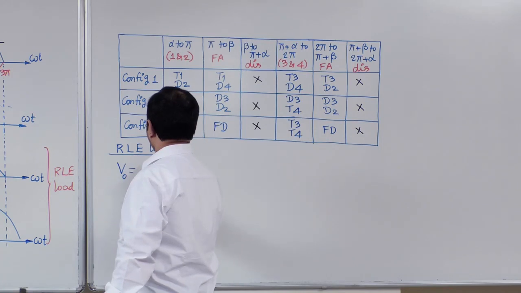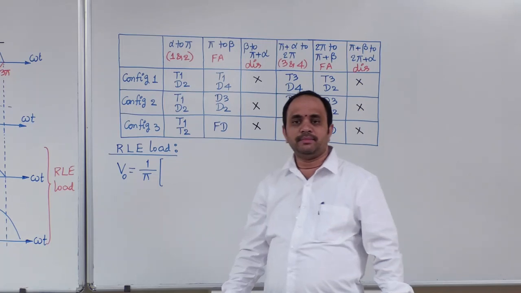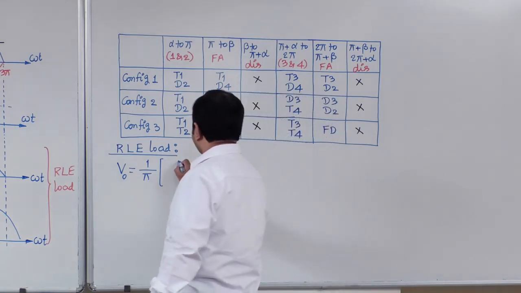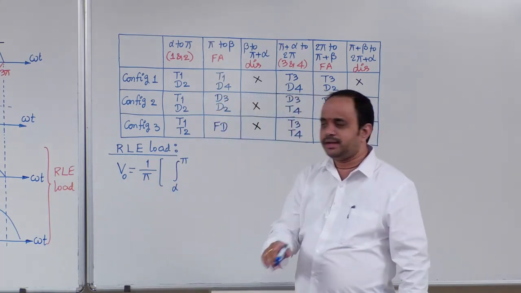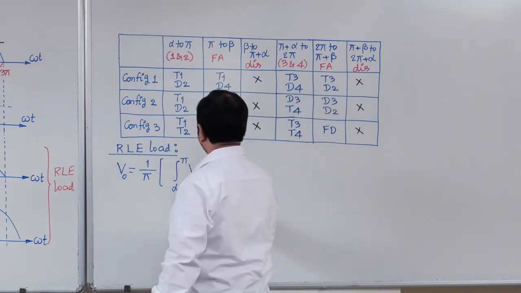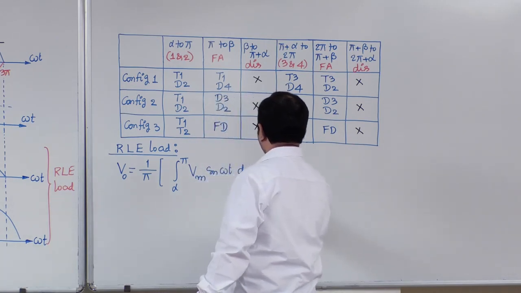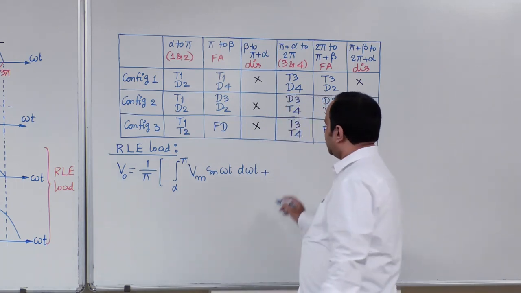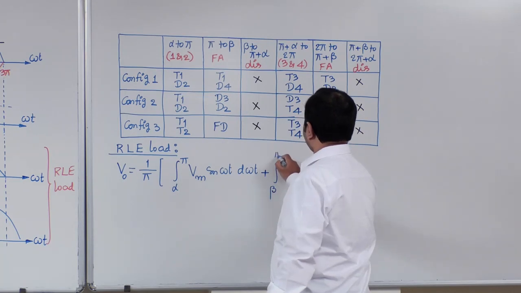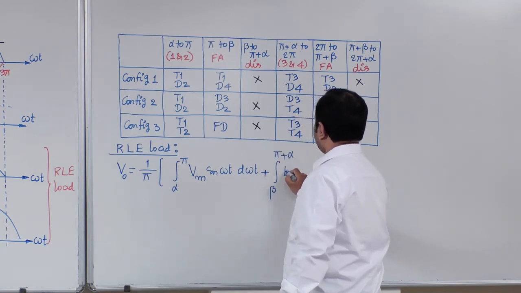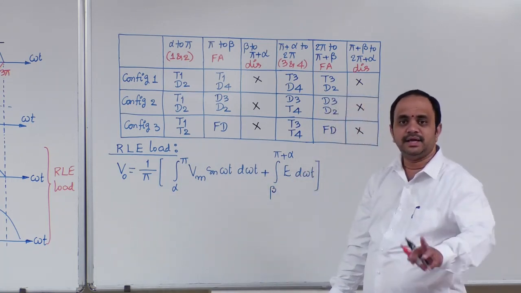V naught is equal to, periodicity is pi, therefore 1 by pi integration from alpha to pi of the blue color sinusoidal Vm sin omega t d omega t, plus integration from beta to pi plus alpha, where output voltage is equal to E, d omega t.